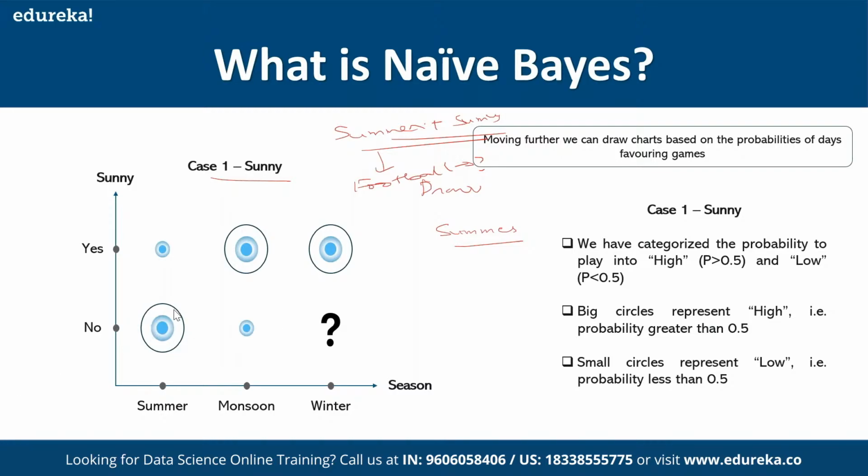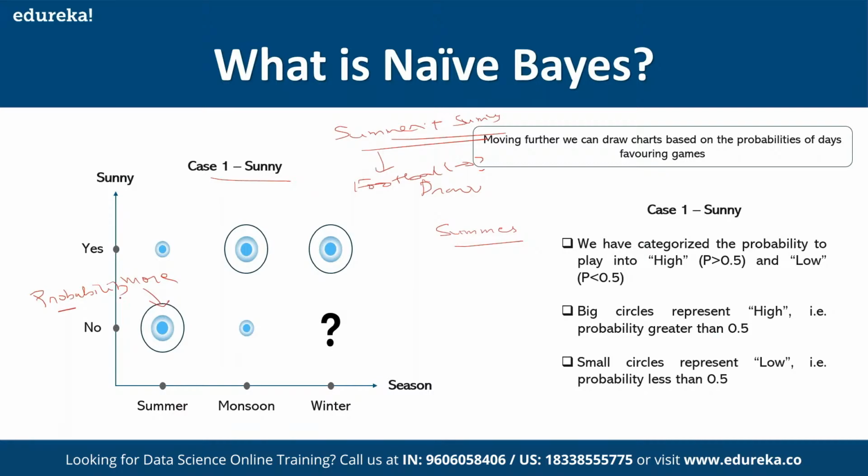The probability will be more towards the no side. Can you see this? So what is this dot showing? It is showing probability.